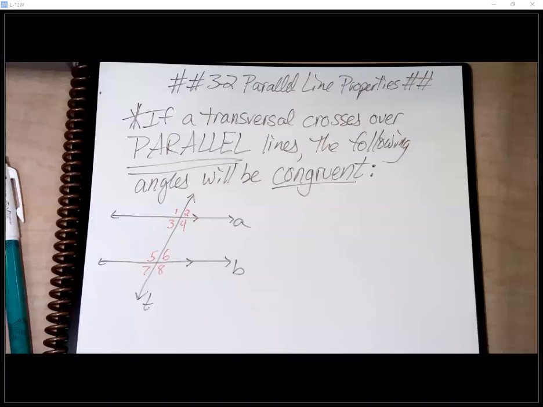Okay, so our first set of angle pairs that are going to be the same, if I know that the lines are parallel, is our corresponding angles.